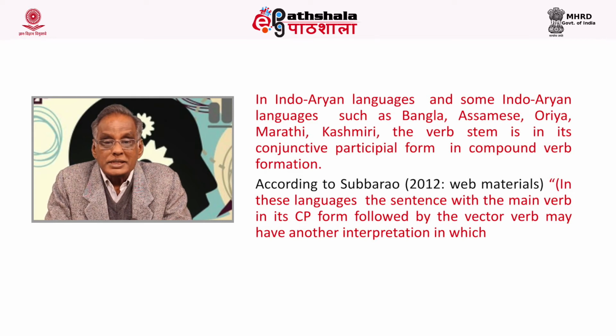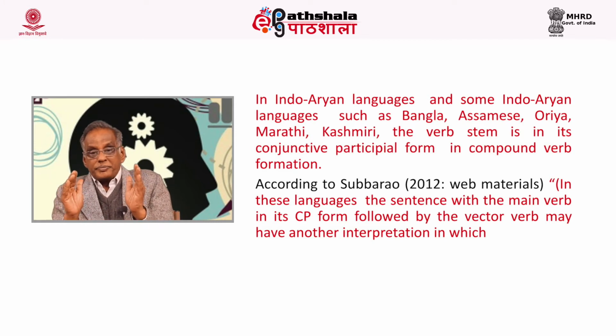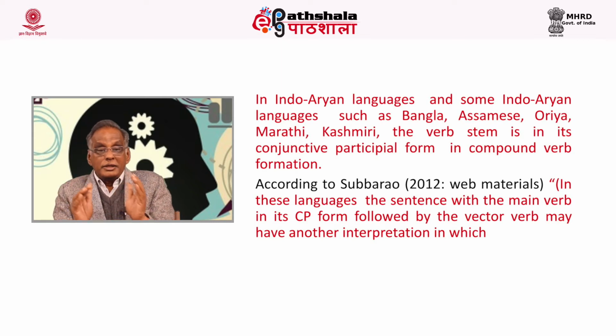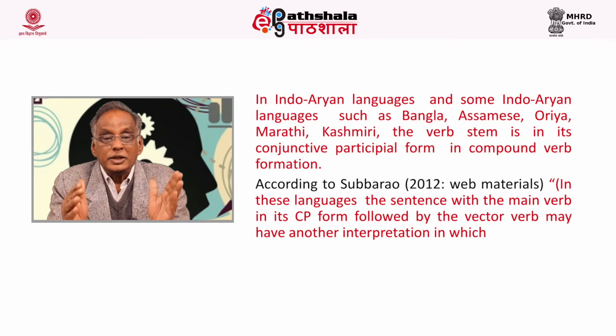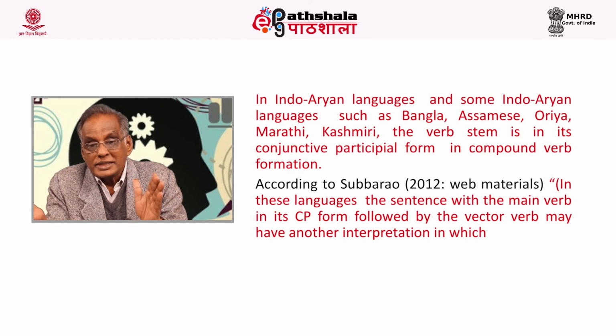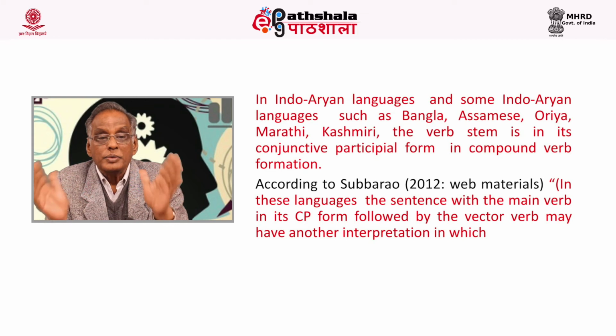So what happens is, the conjunctive participle form and the vector verb may be interpreted together as one verb and as one unit, or it can be interpreted as the conjunctive participle as a subordinate verb and the vector verb as the main verb. So it can be interpreted in terms of two events.